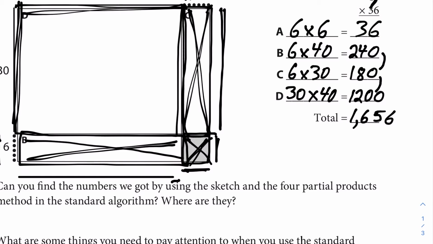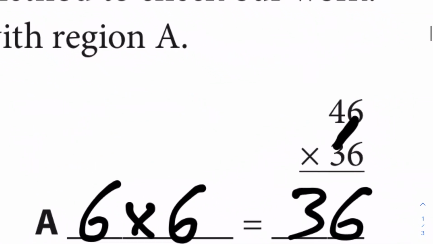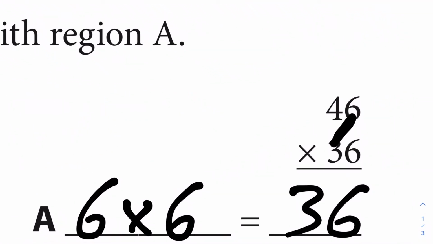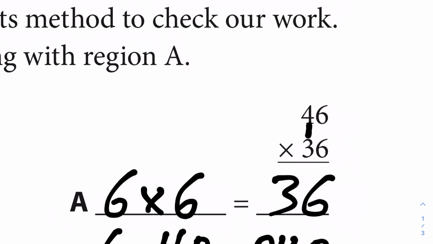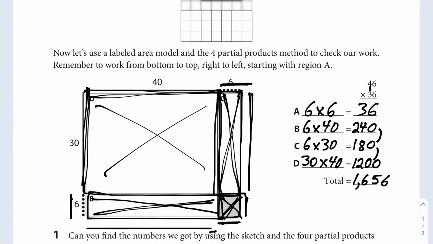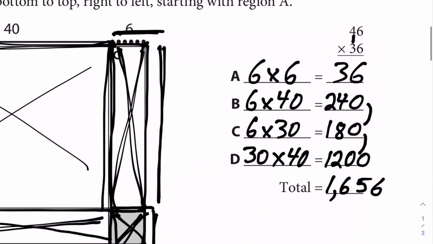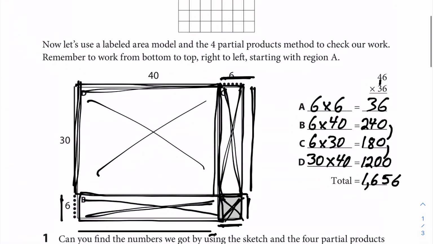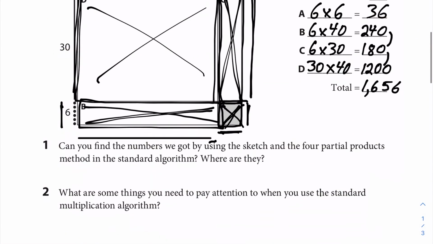That's the 3. It's actually 30 times 6, not 3 times 6. And then can we find where we multiplied the 3 by the 4? In other words, the 30 by the 40. Well, yeah, that's right here, that section. So all 4 of those sections are there. So when we do the standard algorithm, we're actually just finding the different sections of the array, and that's it.